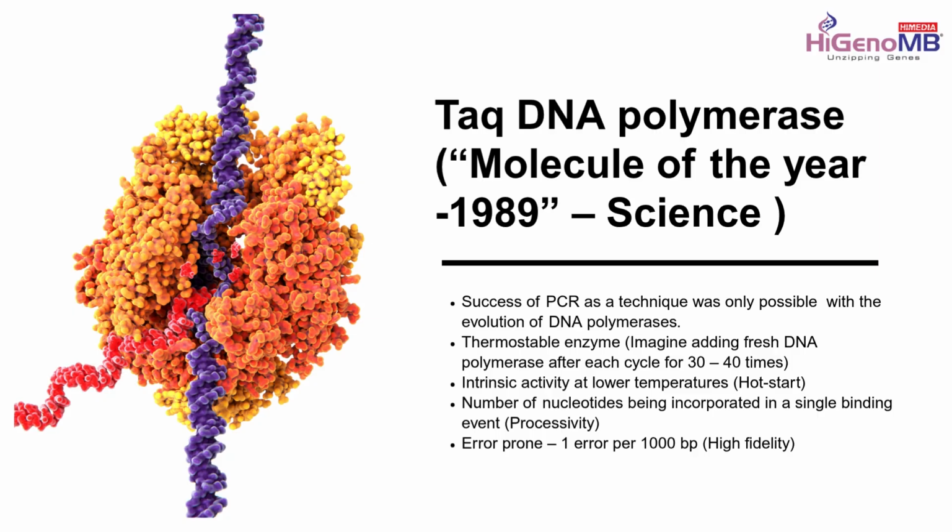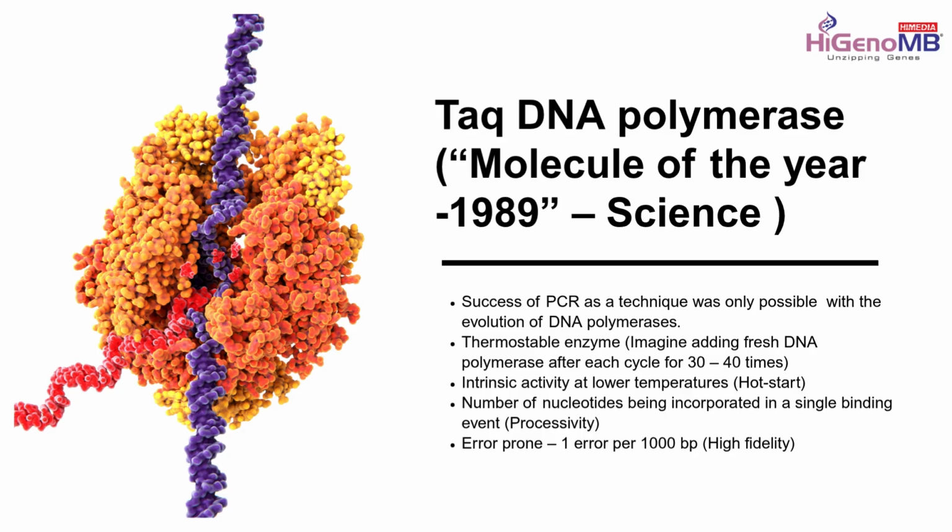So this is called processivity, meaning when a Taq DNA polymerase binds to the template, it incorporates nucleotides into the growing strand and creates multiple DNA strands. So before falling off from the template, how many such new molecules it can generate. This is called processivity.